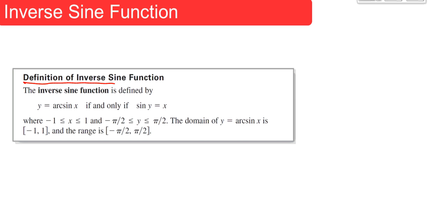The inverse sine function is defined by y equals the arc sine of x if and only if the sine of y equals x, where -1 is less than or equal to x, which is less than or equal to 1, and negative pi over 2 is less than or equal to y, which is less than or equal to pi over 2. The domain of y equals the arc sine of x is -1 to 1 inclusive, and the range is negative pi over 2 to pi over 2 inclusive as well.